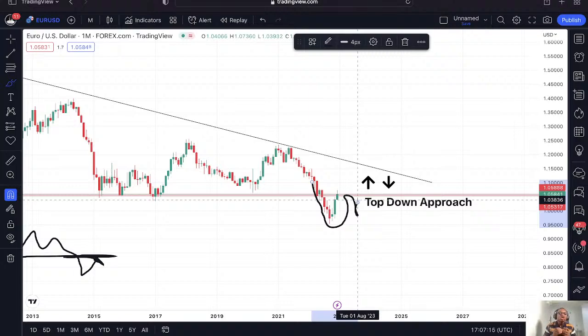Now how do we see clearly what is ongoing in the market? Don't forget, we are using a top-down approach, so we are coming from the monthly time frame to the weekly time frame, to the daily time frame, and to the hourly time frames.